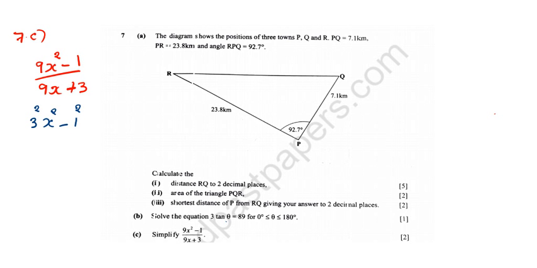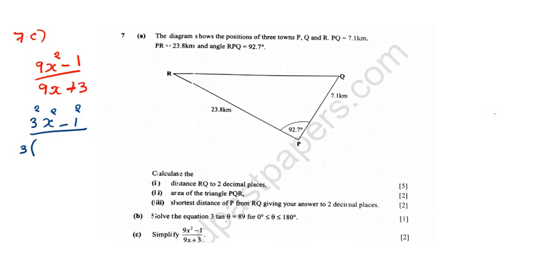So all the numbers are now to power 2. Then down here we look for a number which is common and can go into 9 and 3. It is 3 itself. So 3 is common, open bracket.